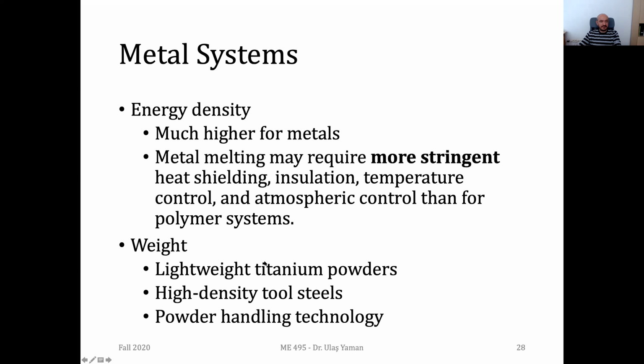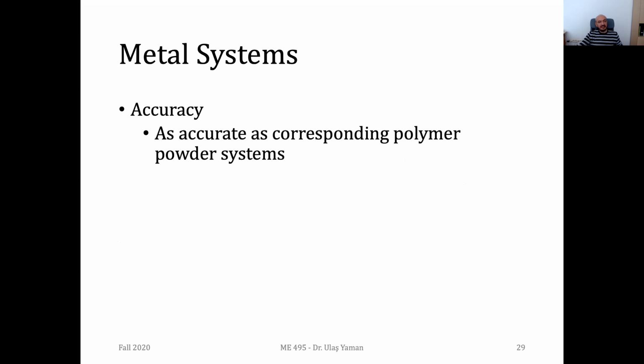And the accuracy in metal systems is not higher. If you look at the top surface of this one, we have high surface roughness, and you need to do some post-processing. Even if you look at this one, it's again a metal part, but it still has high surface roughness values.